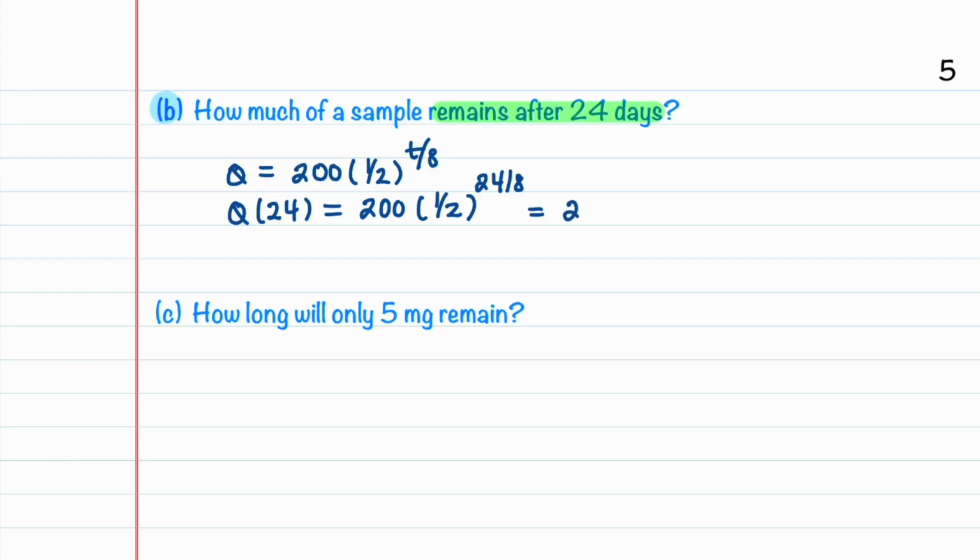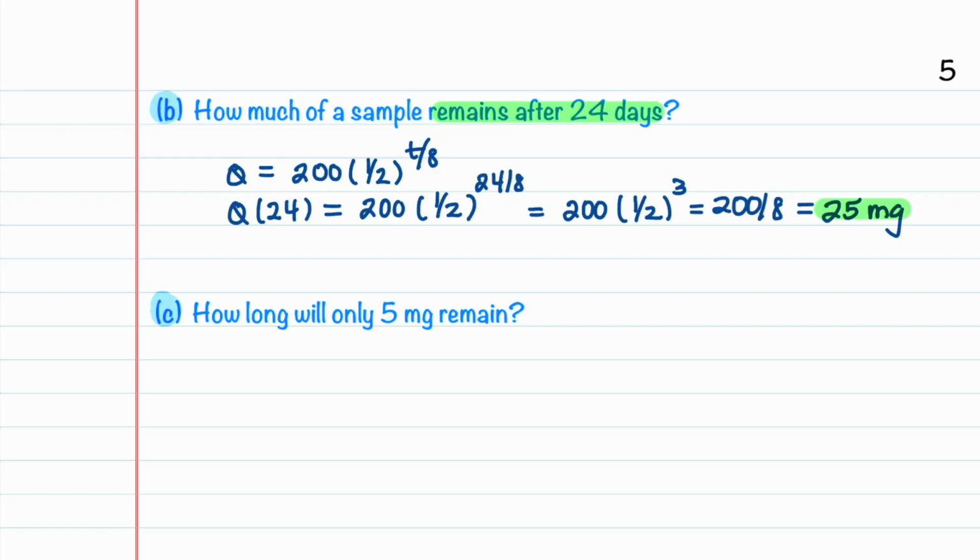So this is 200 times 1/2 cubed, which is just 200 over 8, and that is equal to 25 milligrams because our iodine had a unit of milligrams. So we now know that after 24 days, we have 25 milligrams of iodine-131.